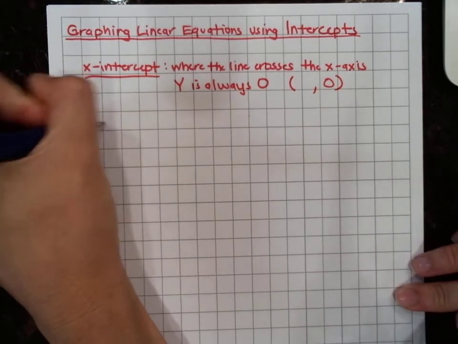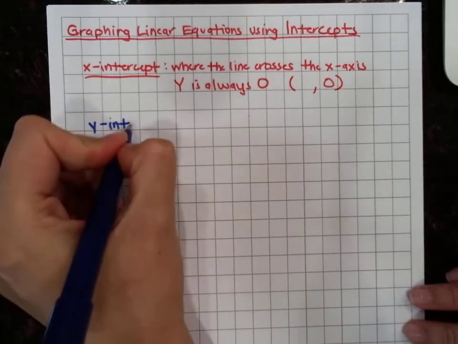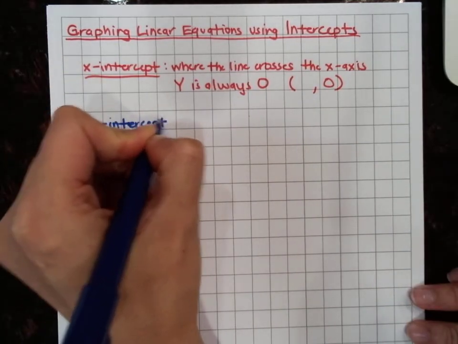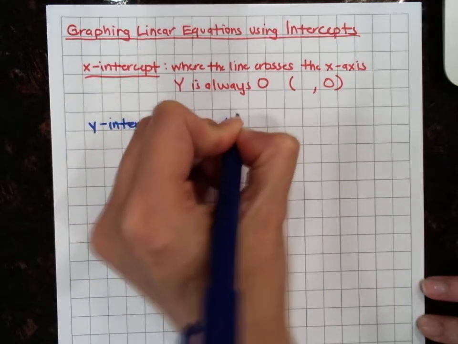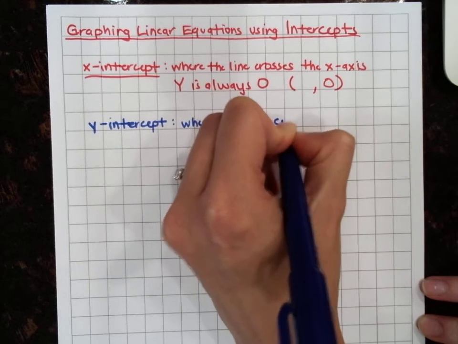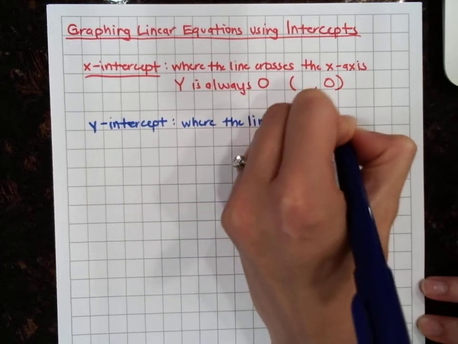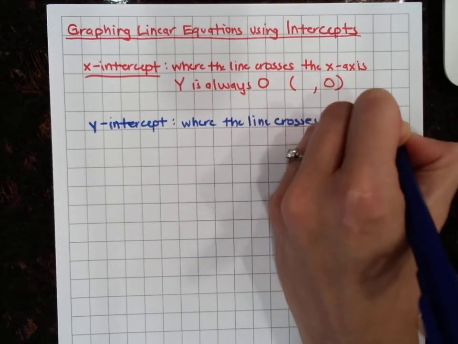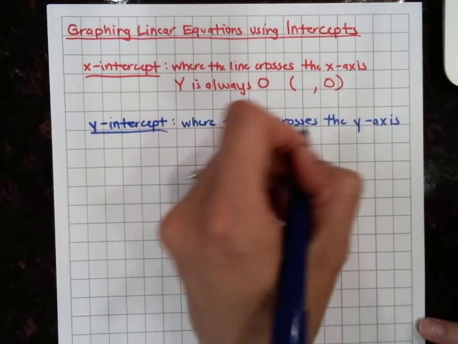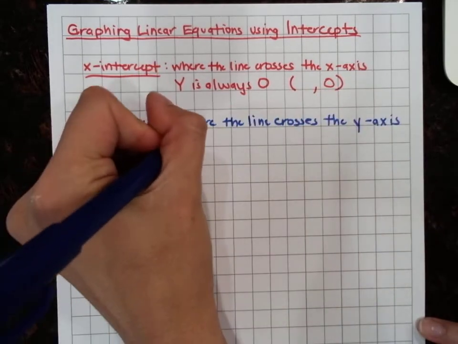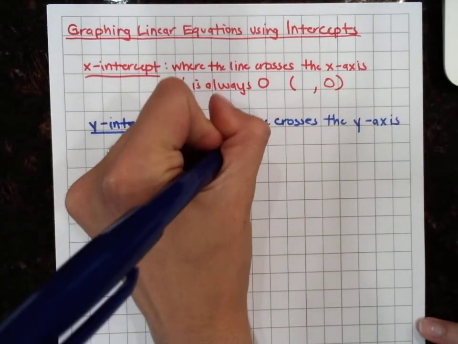So for a y-intercept, the y-intercept is where the line crosses the y-axis. And since it's on the y-axis, we know that x is always 0.